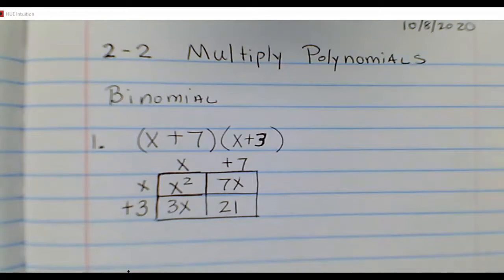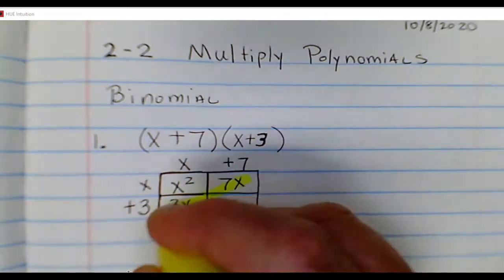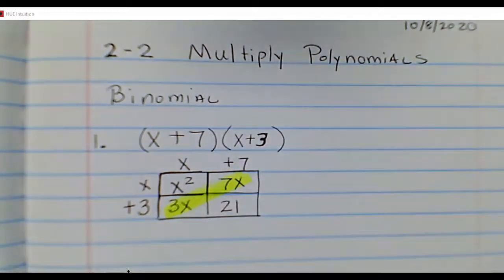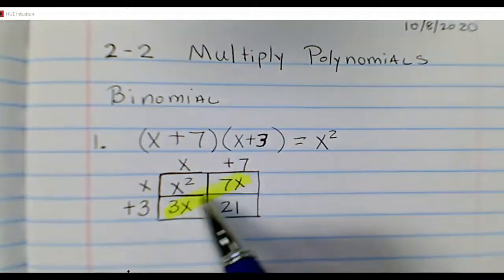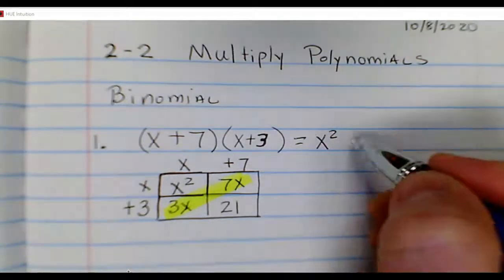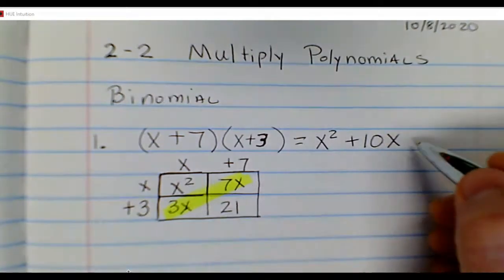So what we learned yesterday is that we have to combine like terms. In the box, do you see some like terms? Are these two like terms? And so we have an x squared, and these two are like terms, and then we have the 21.